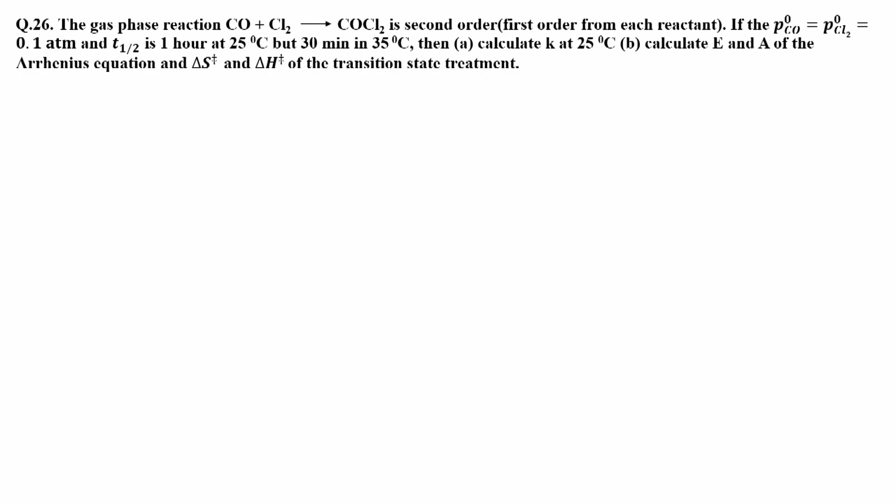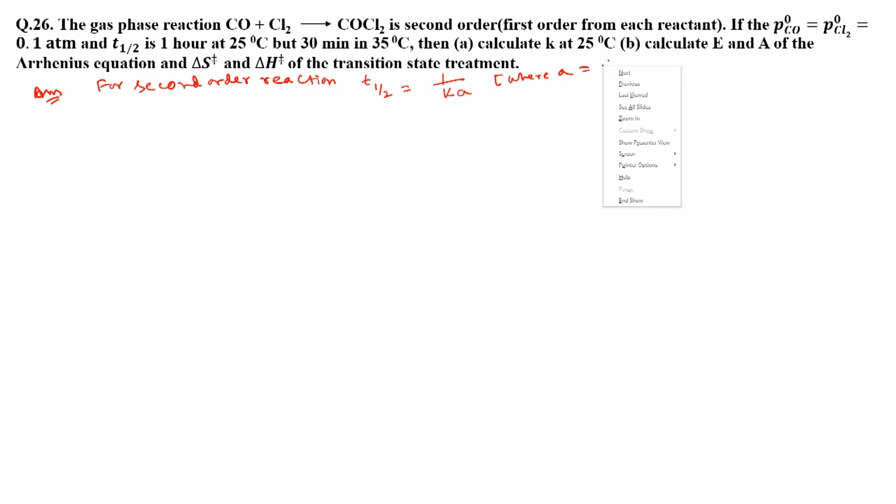Now what does it give? For a second order reaction, T half is 1 by Ka, where A is the initial concentration.